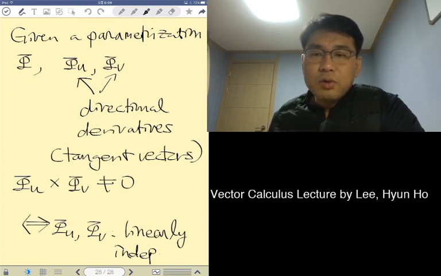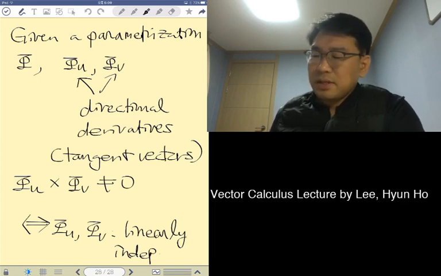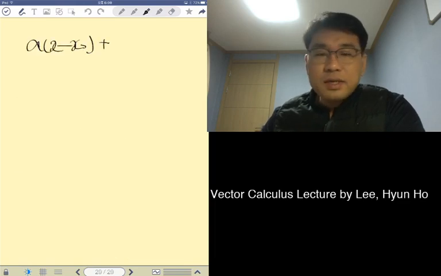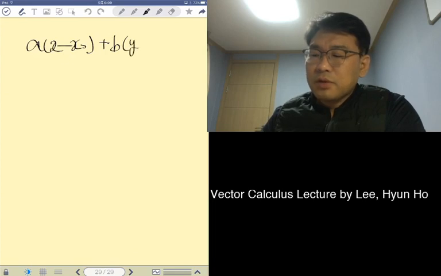The tangent plane is also determined by the normal vector. So we know that in R3, a tangent plane has the form a(x minus x0) plus b(y minus y0) plus c(z minus z0) is equal to 0.